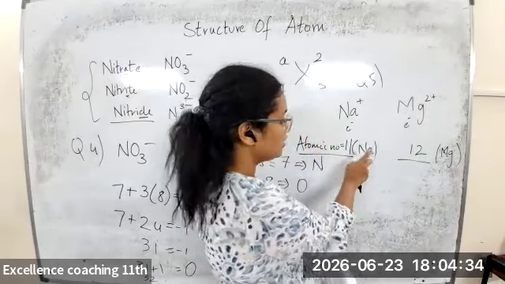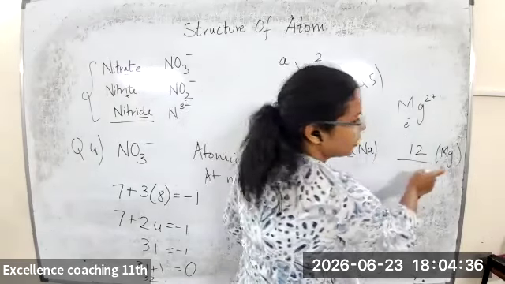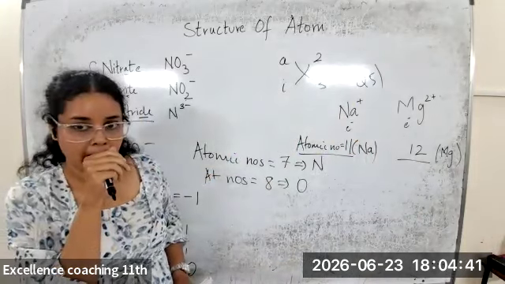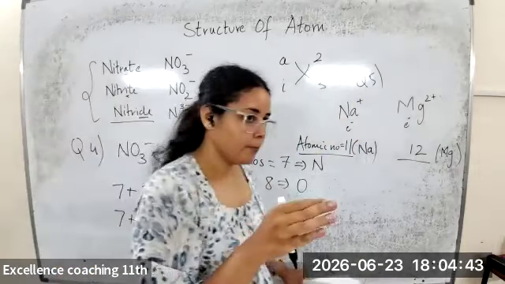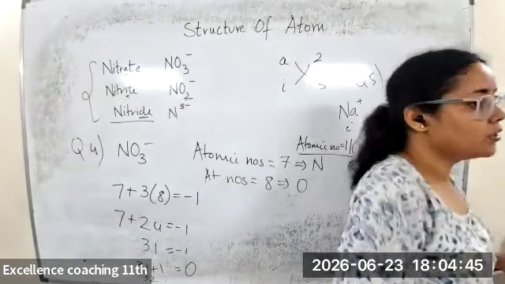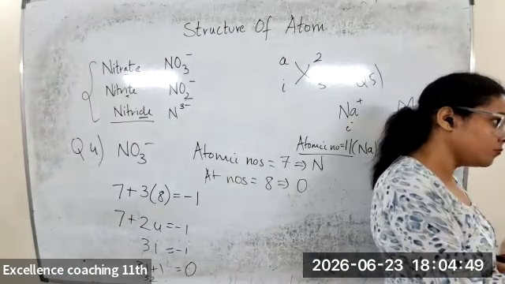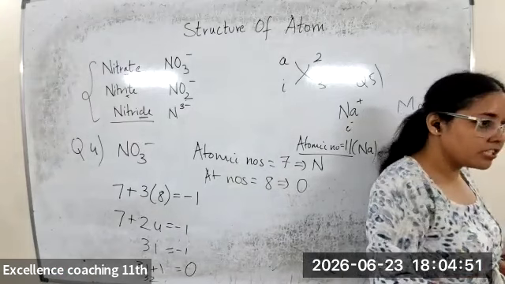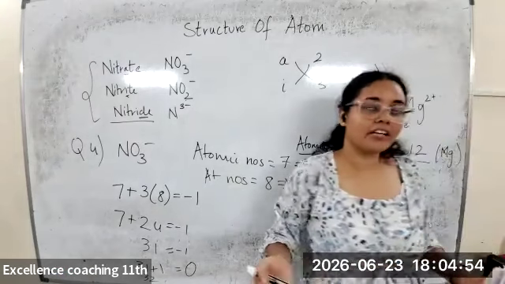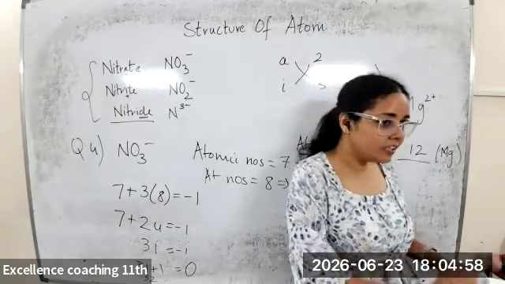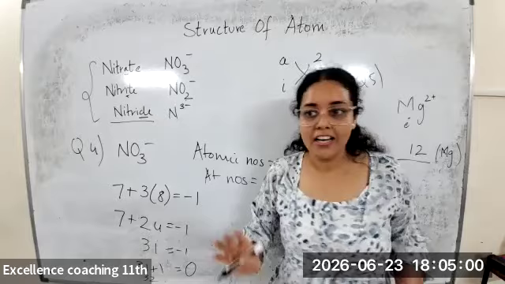When there is no charge, sodium is 11 and Mg is 12. Now how will I calculate? A positive charge is when you take something away from it, that species acquires a positive charge. And a negative charge is when you give something to a species.